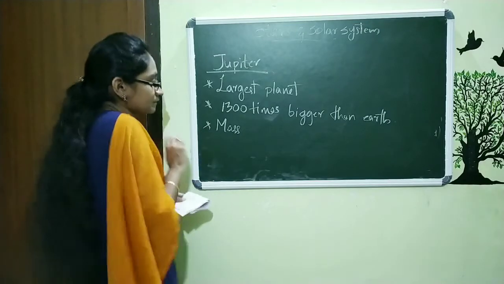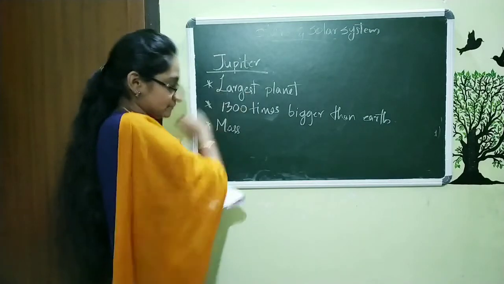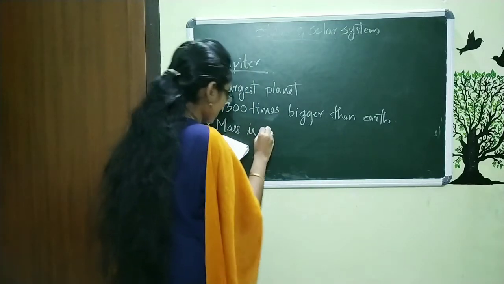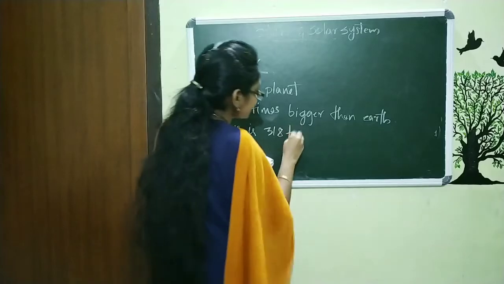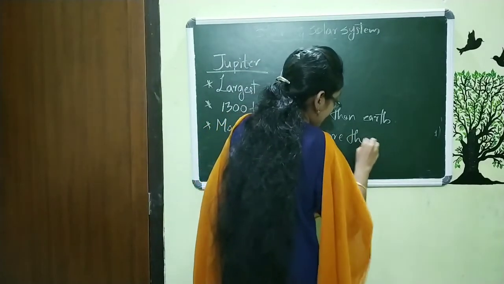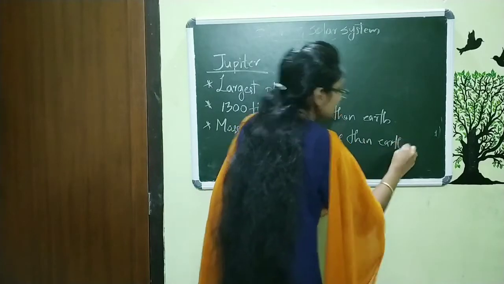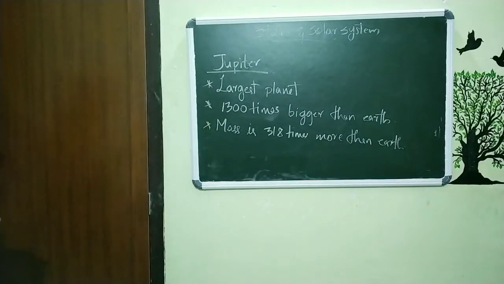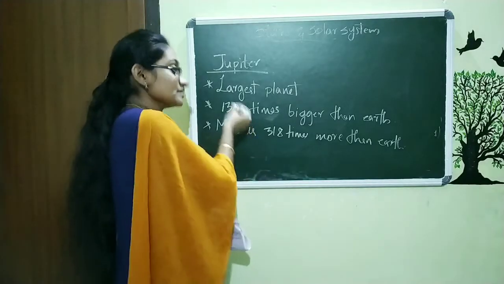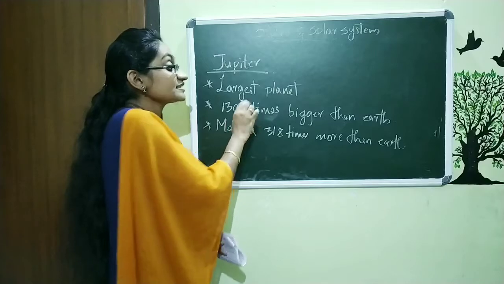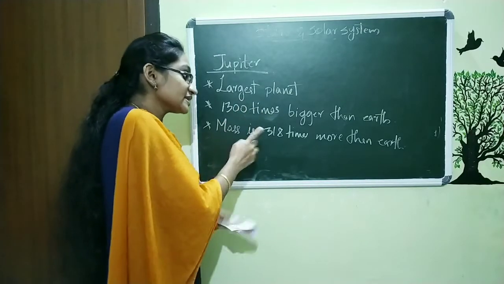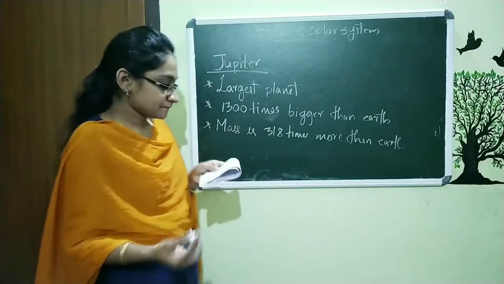No, that mass, the matter content in the thing. So the mass of Jupiter is 318 times more than Earth. So these are the comparisons of the size of Jupiter. It is the largest planet, approximately 1300 times bigger than the size of Earth, and the mass is 318 times more than that of Earth.